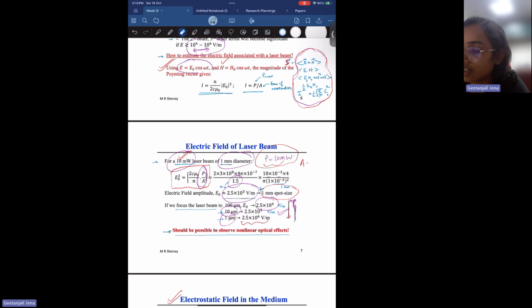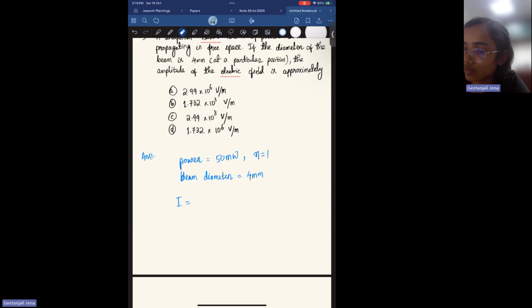So you can say there is a relation between the intensity and E zero square, and C and mu zero are constant. You already know what the values of C and mu zero are. N is already given. It is said that it is propagating in free space, which means n equals 1. So let us put the values.